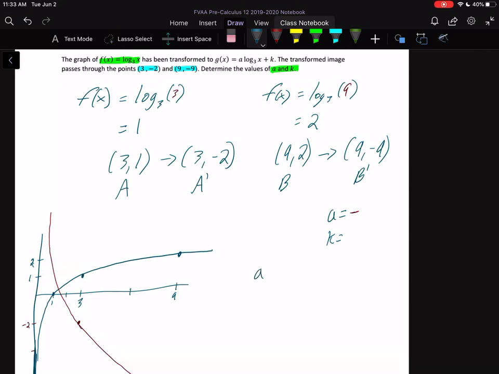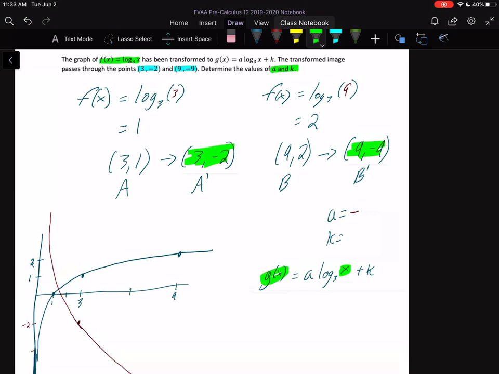Original equation here is g of x is equal to A log 3x plus k. Now we have values for g of x and x. We have input and output values for our transformed function here and here. That just leaves me with 2 variables that are not solved.